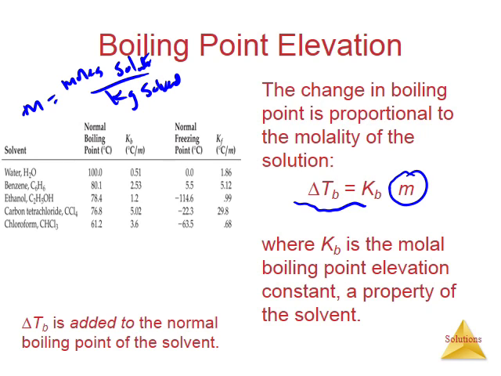So moles of solute per kilogram of solvent is molality. So basically, it also deals with moles or number. As number is increased, boiling point elevation is also going to be greater. Kb is called the molal boiling point elevation constant, and that would be given to you in order to solve a problem.